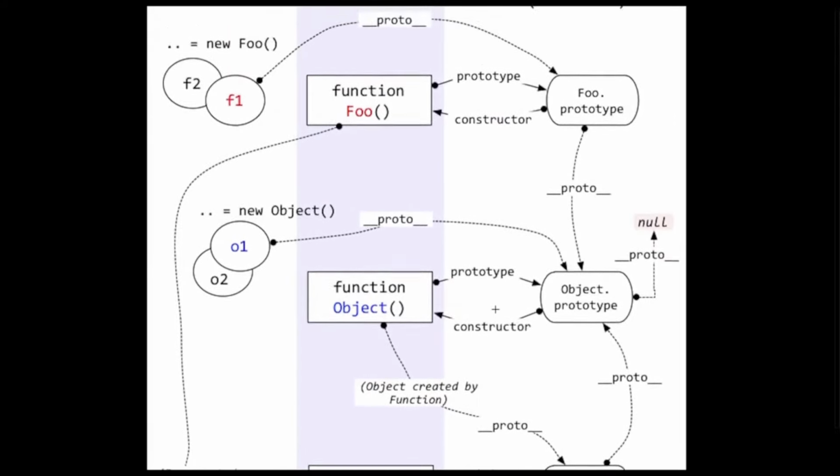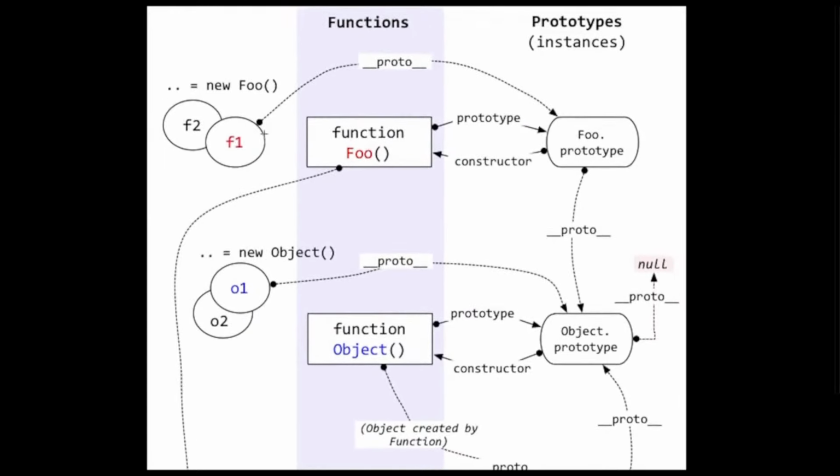First, let's understand this example. I will talk about the third case. So foo is a function. I created f1 and f2. These are the function objects, constructor function objects of f1 and f2. Whenever you do f1 underscore proto, it will take you to the prototype of that function, foo dot prototype.